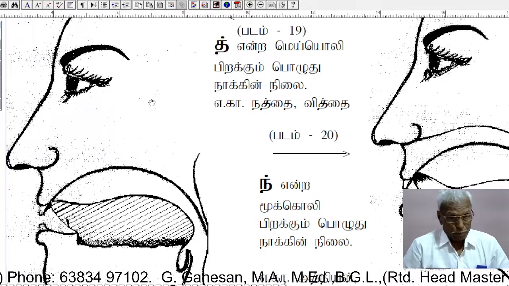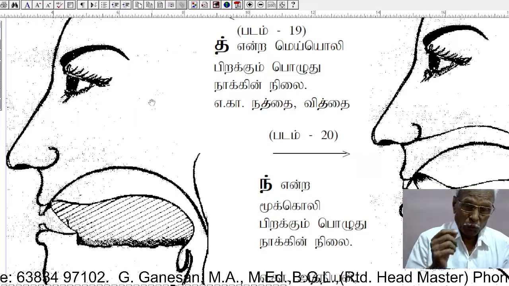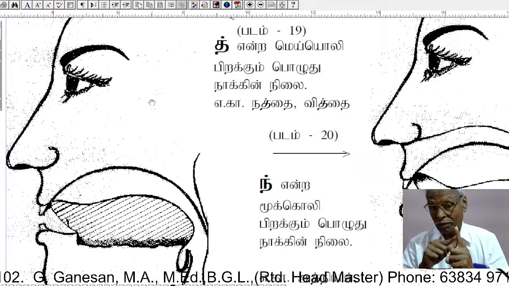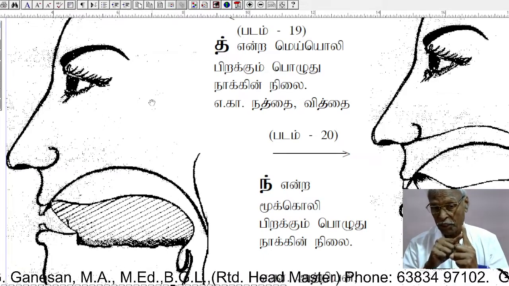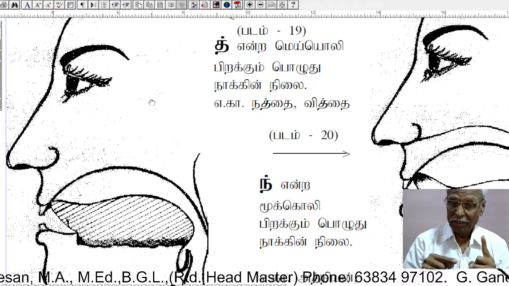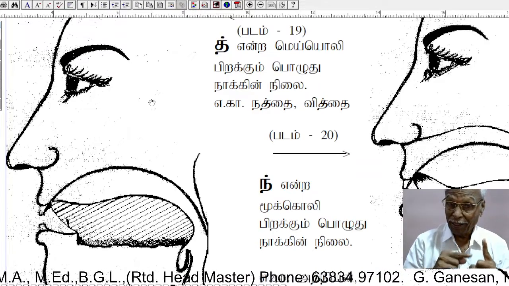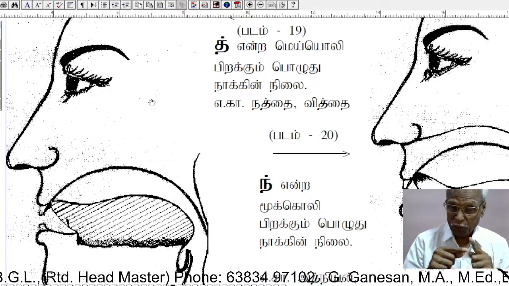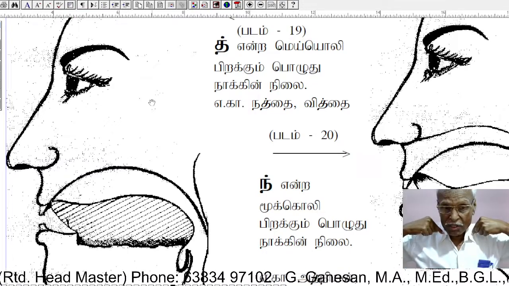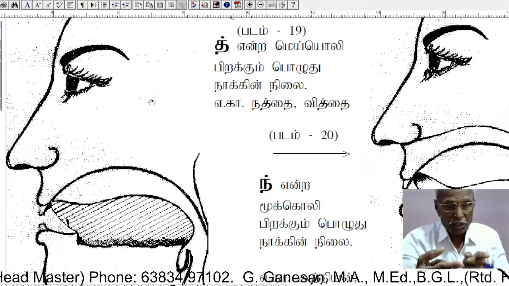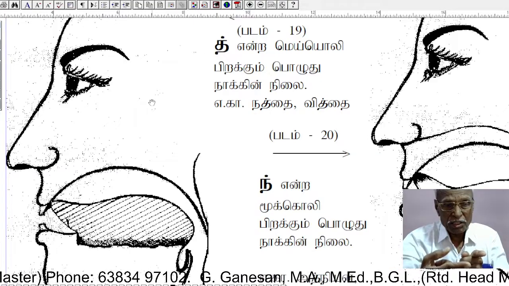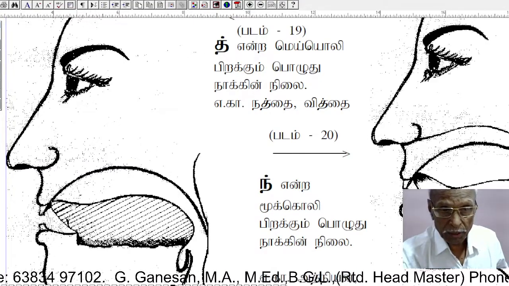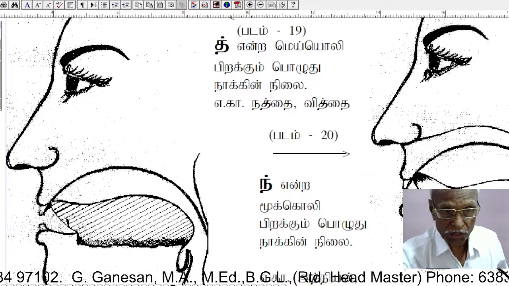That is, when the tip of the tongue is in tight contact with the upper teeth ridge, the air in the mouth, when the vocal cords push it out, escapes through the sides.